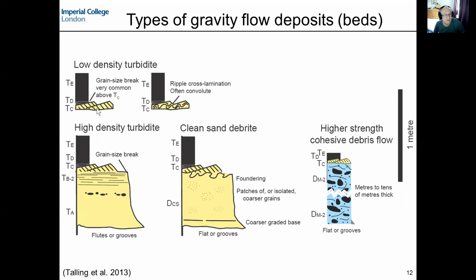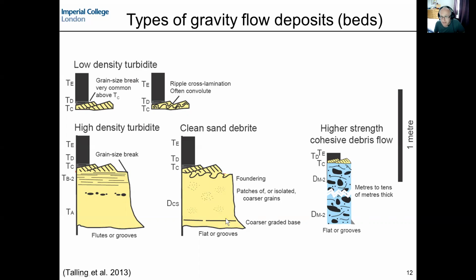So you see current ripples at the base, the C division, parallel laminated silts, the D division, and then mudstones, the E division. So we tend to lack the coarser components of the Bouma sequence. Okay, debrites. A classical debrite has a mixture of sand, mud, gravel and coarser grained material, all mixed in together and structureless.